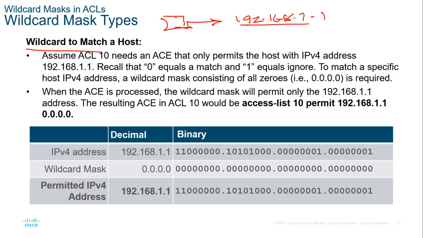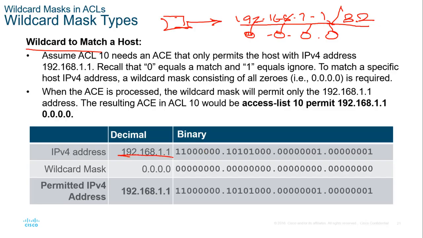So this is a host, just one. The wildcard mask that matches this is 0.0.0.0, because if I were to give it a subnet mask, it would be /32. The reverse of this is 0.0.0.0. So you match this, match this, match this, and then this. That is what it means.